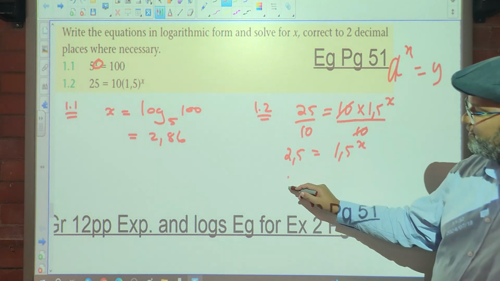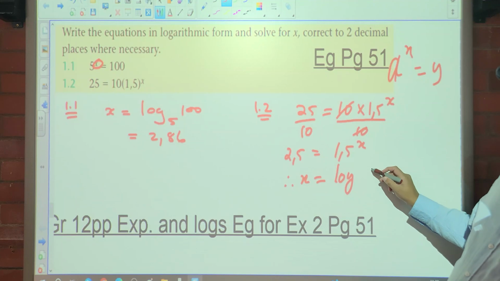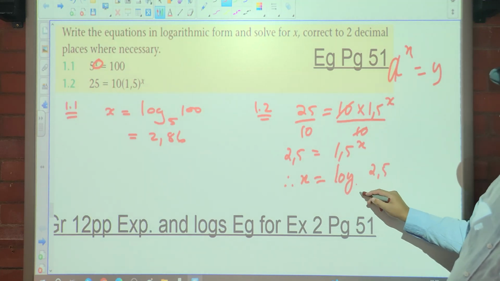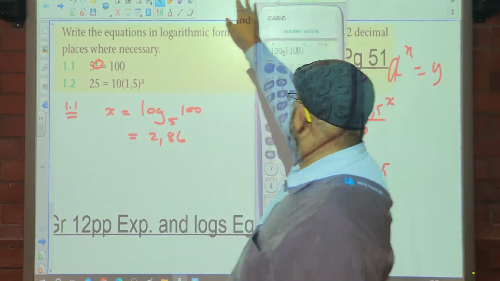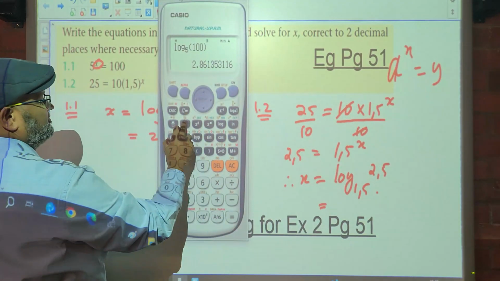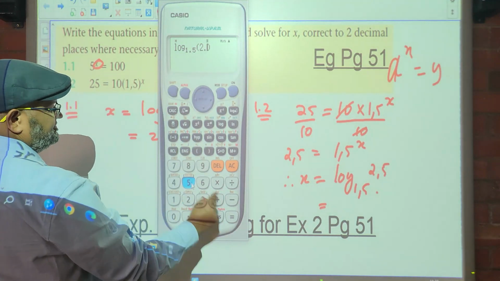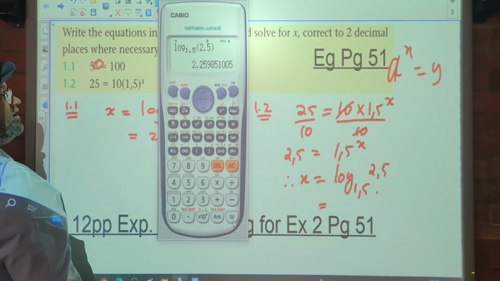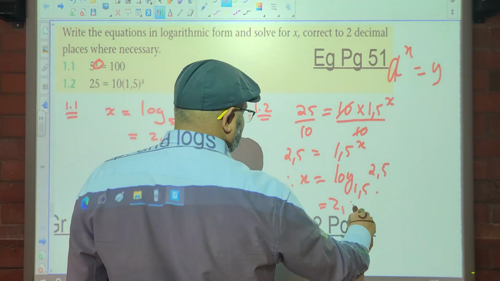Therefore x is equal to log 2.5 base 1.5. Put that in the calculator. Log base 1.5 of 2.5 is 2 comma 26. Easy, no?